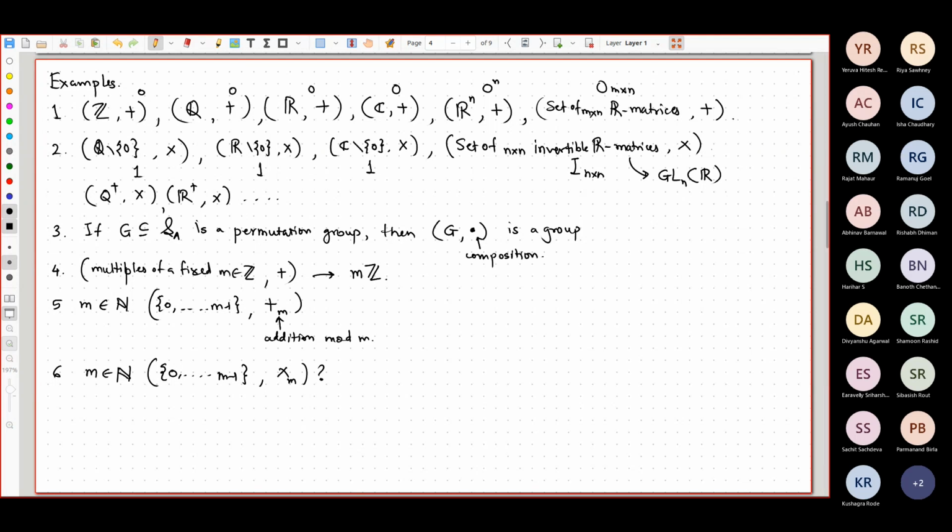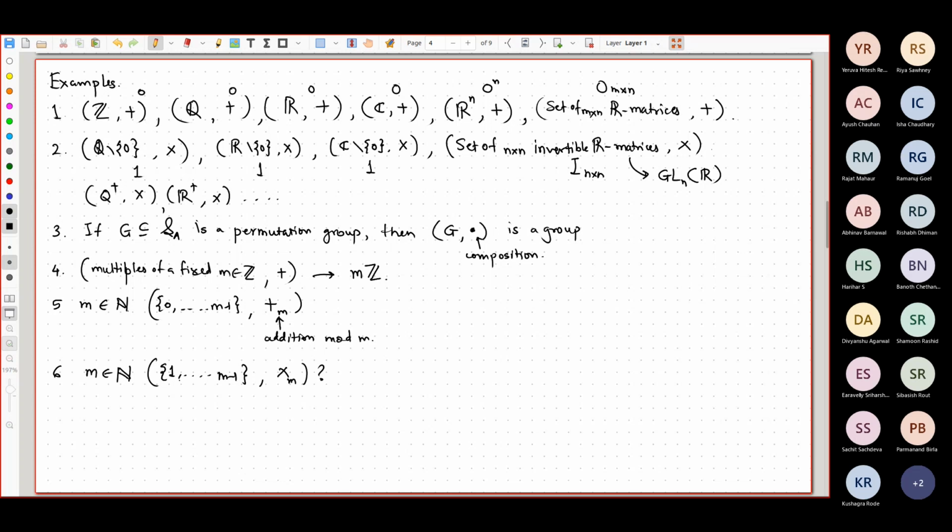Is this a group? I think we'll have to exclude 0. Let's say you exclude 0. Yeah, 0 is not going to have a multiplicative inverse, so let me exclude 0. Now is it a group?